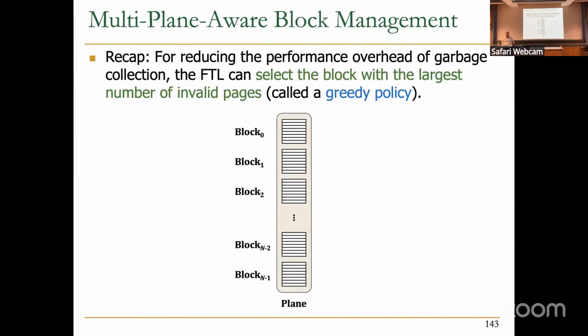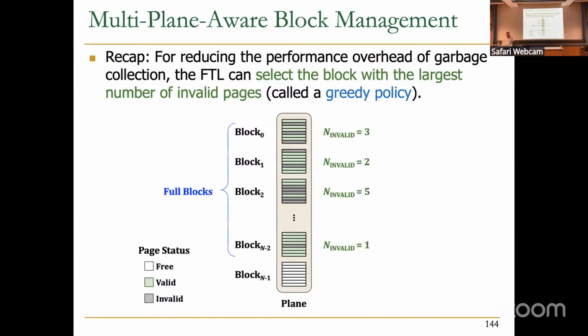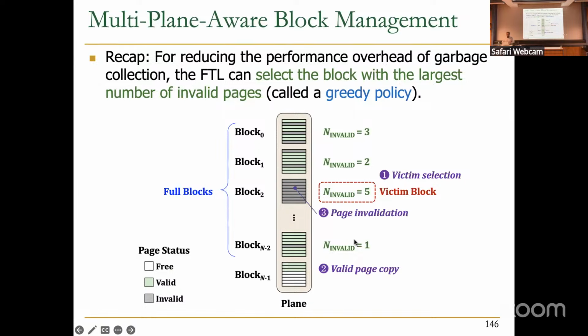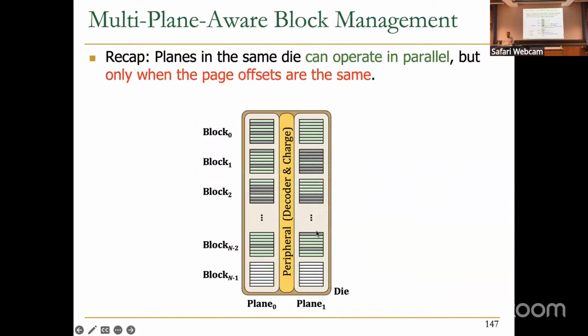But now how can we manage it with our greedy policy for garbage collection? Here is our full block, and these are the number of invalid pages. The victim block is going to be this one, and then we copy the valid pages and essentially need to erase it, right? But in the multiplane operation, here I'm showing the different blocks in plane 0 and 1, with the free pages and invalid pages.